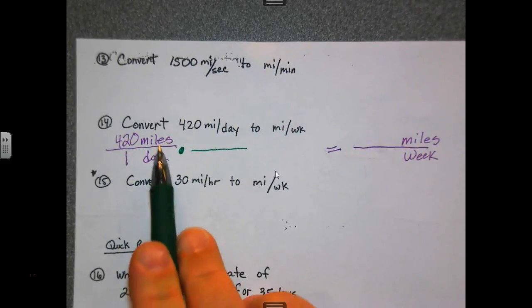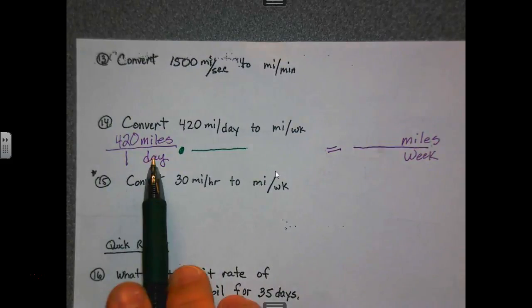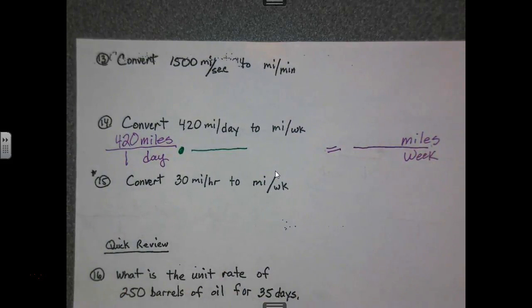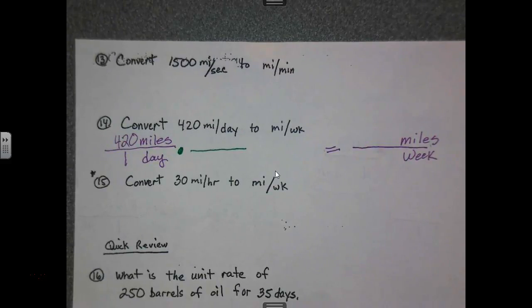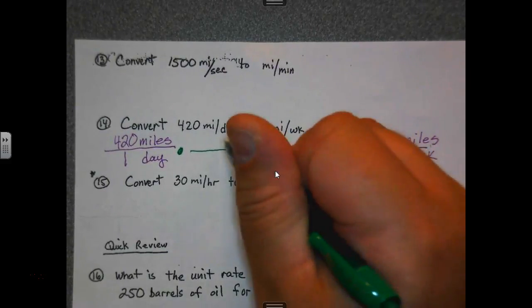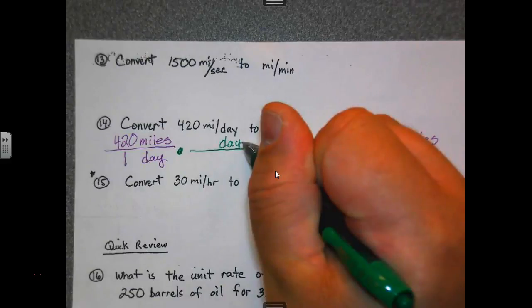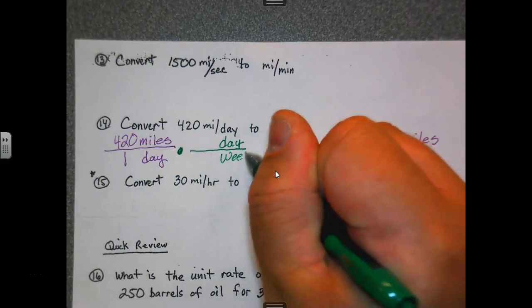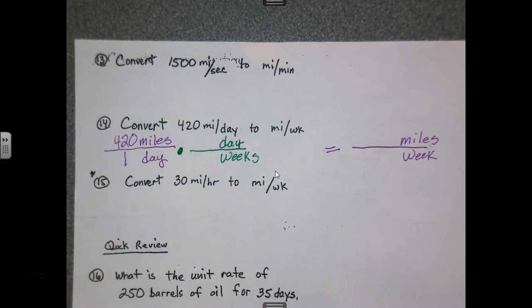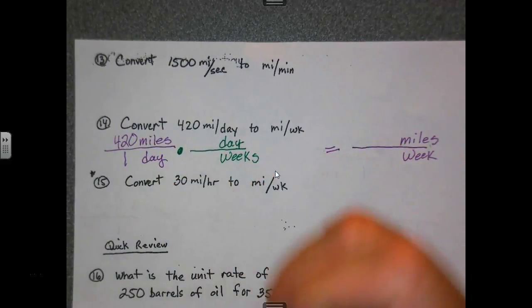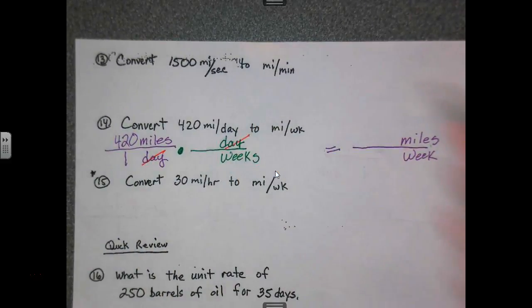Again, I don't have to worry about the numerator. I'm going to go from days to week. Here's that Beatles song again. I'm going to put days in the top, weeks in the bottom because I want my days to cancel. How many days in a week?